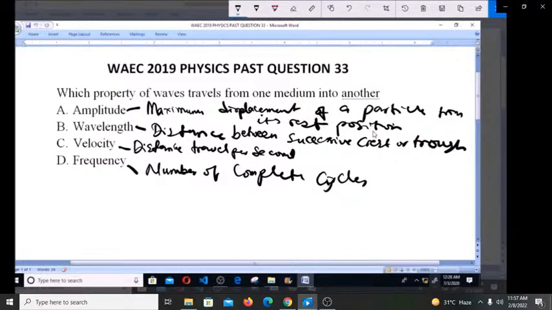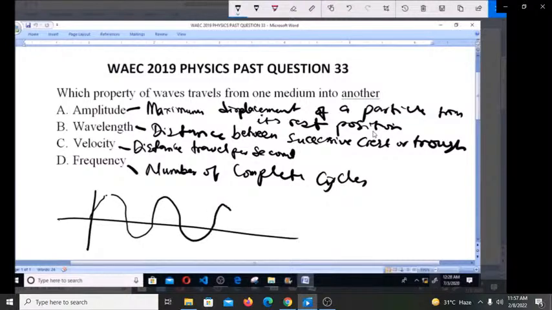So now we have the wave moving like this. This is what we call the crest. The upper parts are the crests. The lower parts are known as the troughs. So when we say distance between successive crests, it is the distance from the first crest to this other crest.